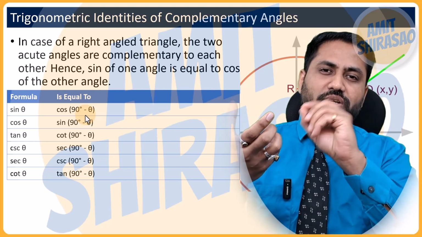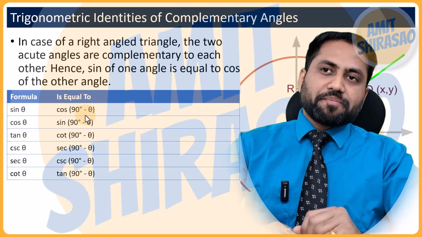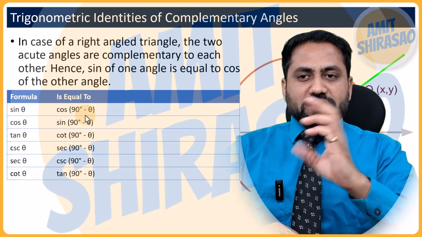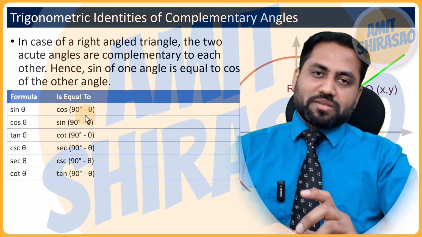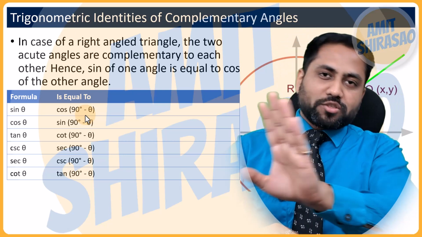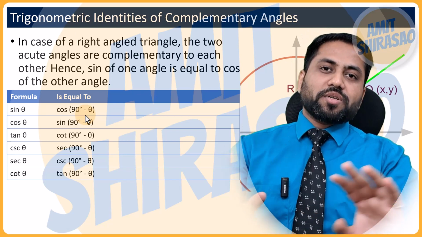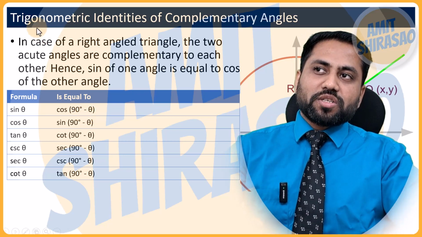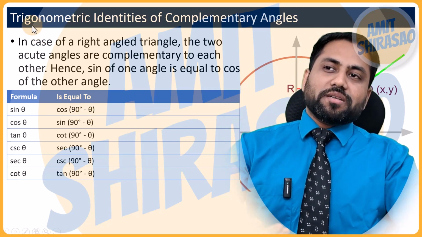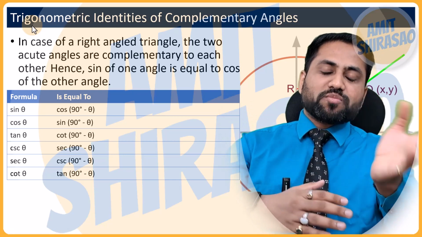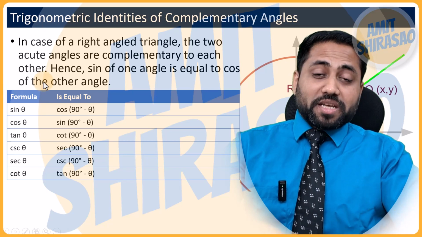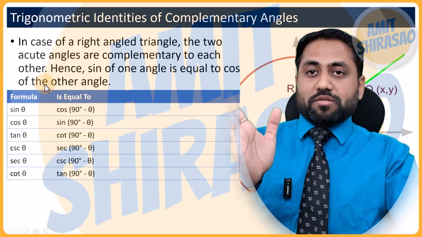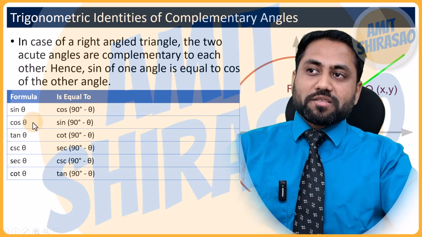An expression does not have an equal to sign, functions have an equal to sign. When one of the sides of a function is 1, then it is called an identity function. So this is not actually an identity, but in all the study materials I have, I found it called a trigonometric identity. I'm telling you what the textbooks say, but I personally don't think it is an identity. But anyway, if you are asked in school, you should say trigonometric identities for complementary angles are these.